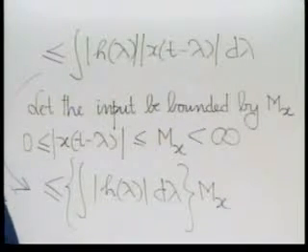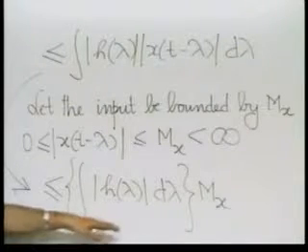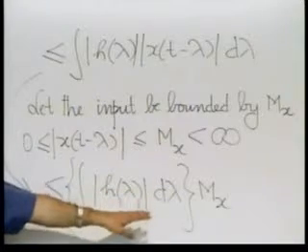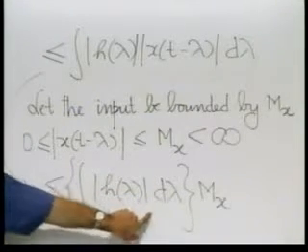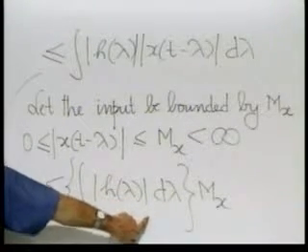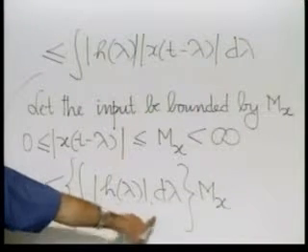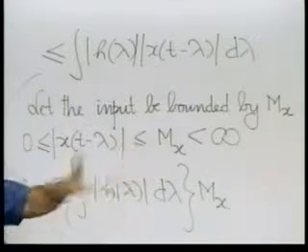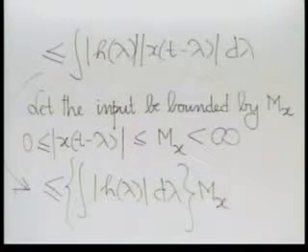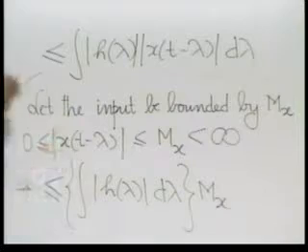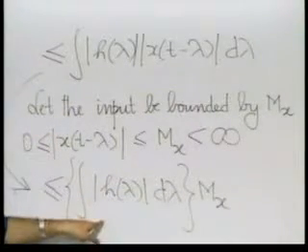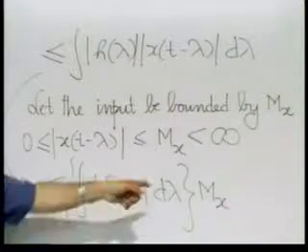So it's very clear that if this quantity happens to converge, that means if this quantity is finite, then we are guaranteed that the system is stable, because the output has a bound of mx times this. If this is a finite quantity, then the output is also bounded.